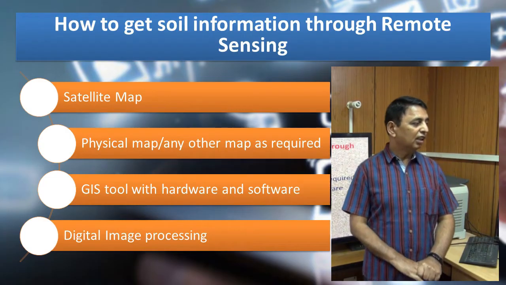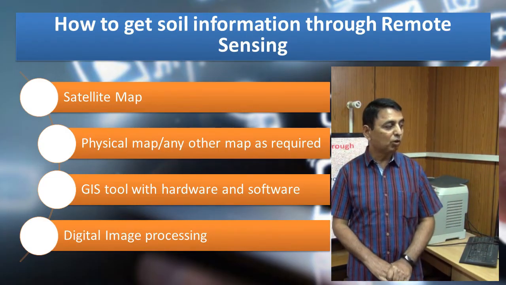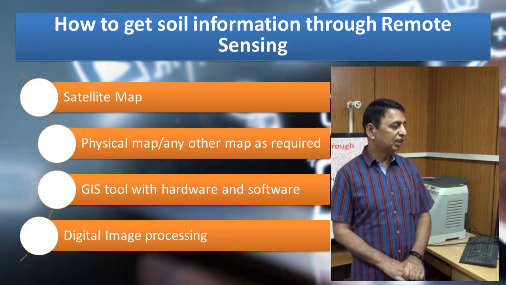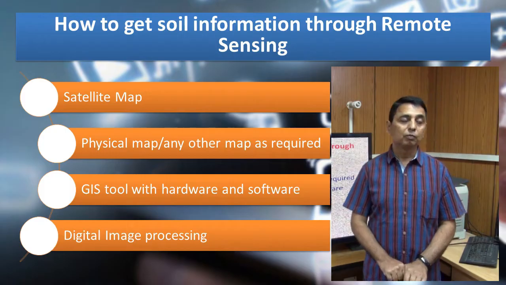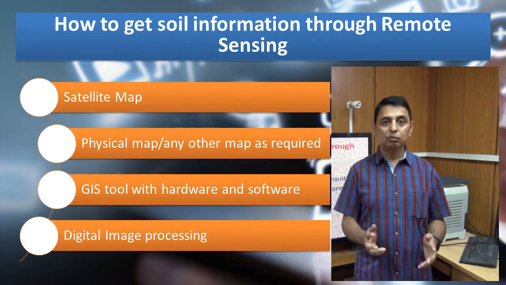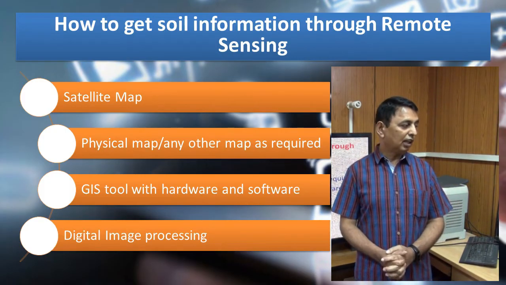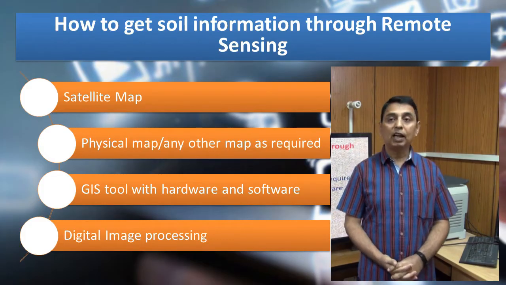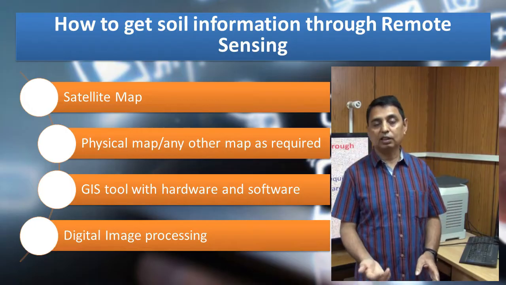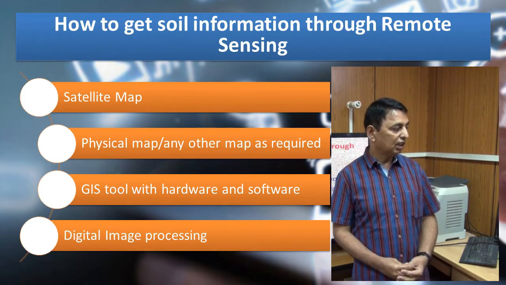Now, this is how to get soil information through remote sensing. First of all we should have a satellite map in the form of digital data.